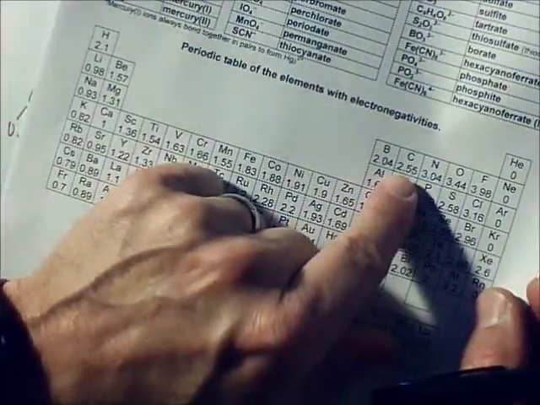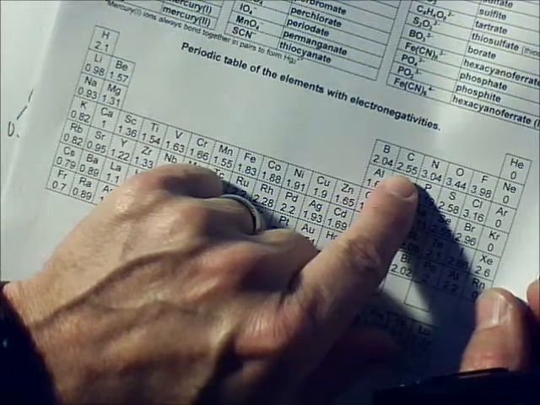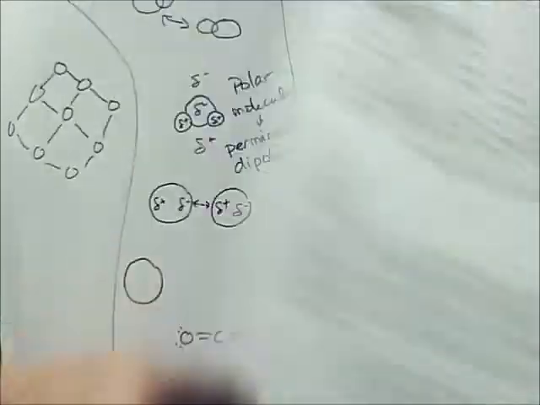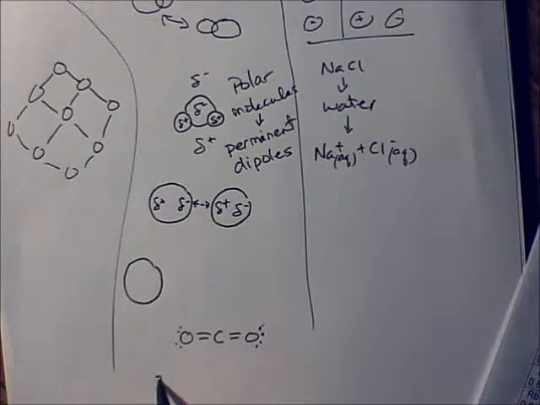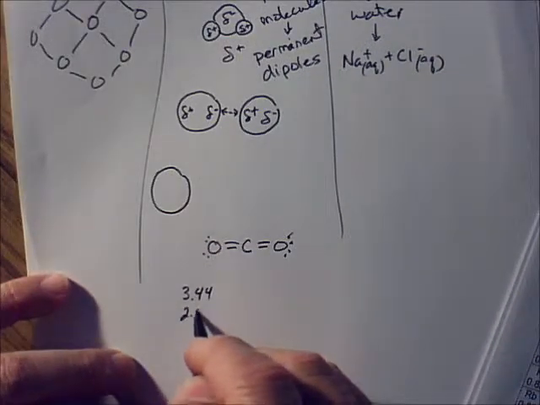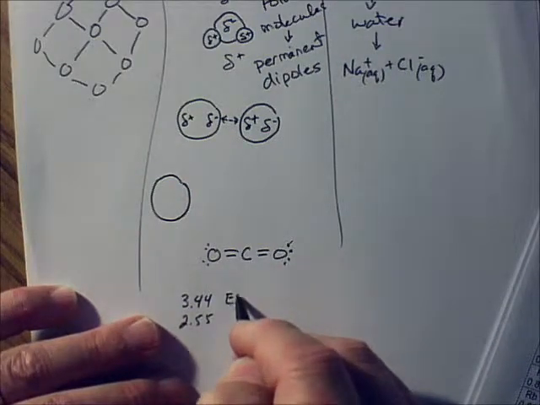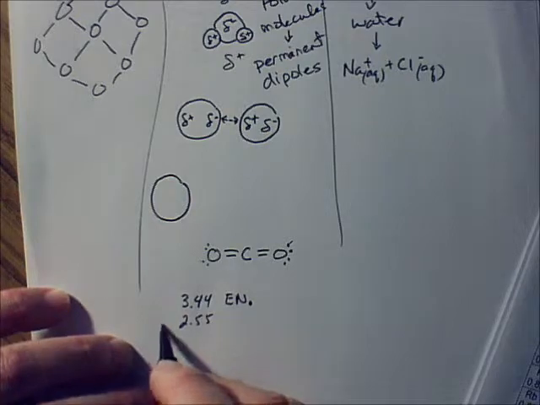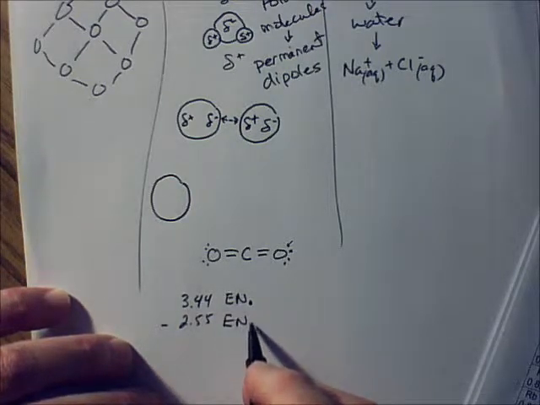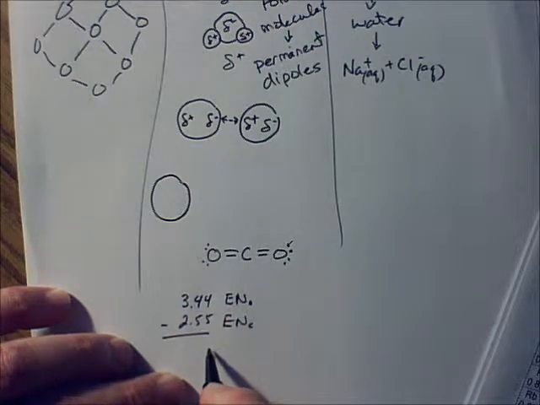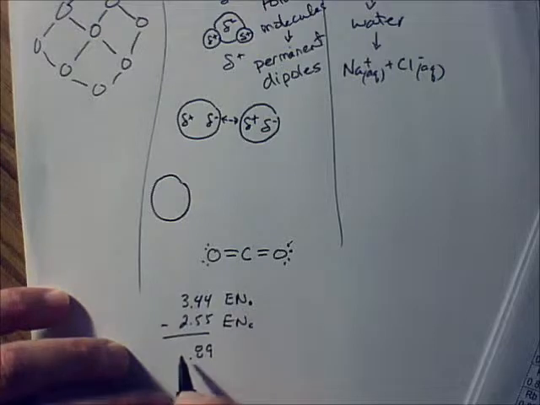All right, so carbon has an electronegativity of 2.55. Oxygen has an electronegativity of 3.44. So if we subtract the electronegativity of carbon, 2.55, from 3.44, the electronegativity for oxygen, we get 0.89.